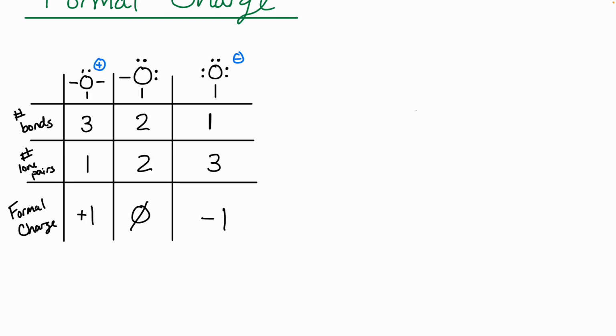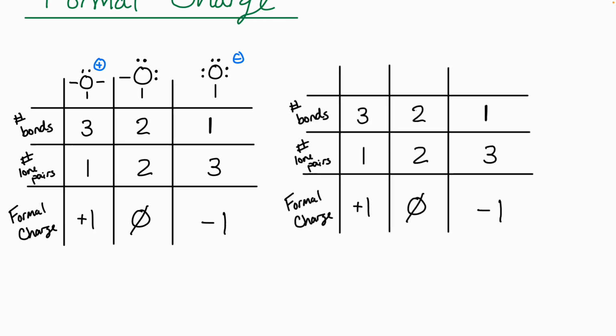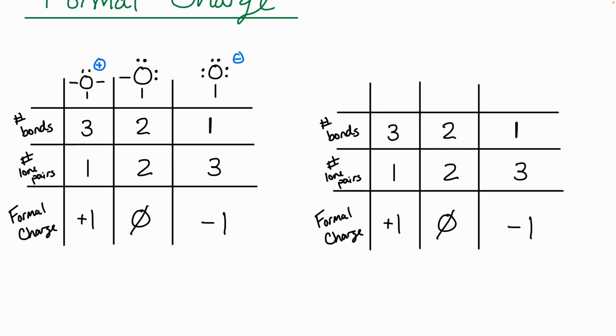All right, so now we're going to play the same game, but we're going to do so with nitrogen. So we're going to create our same blank table here. And we're going to start out in the middle with nitrogen when it has a formal charge of 0.